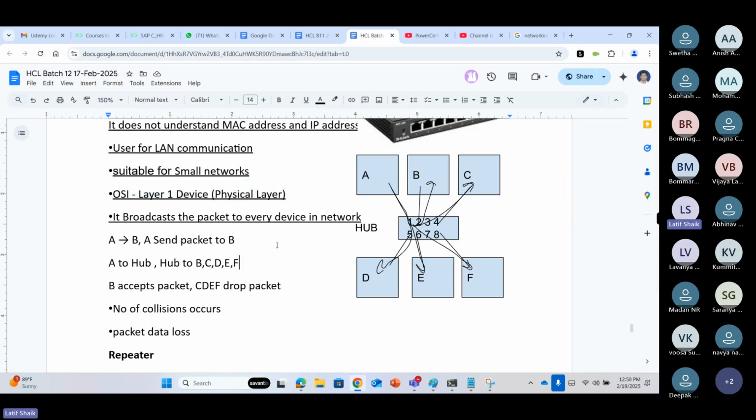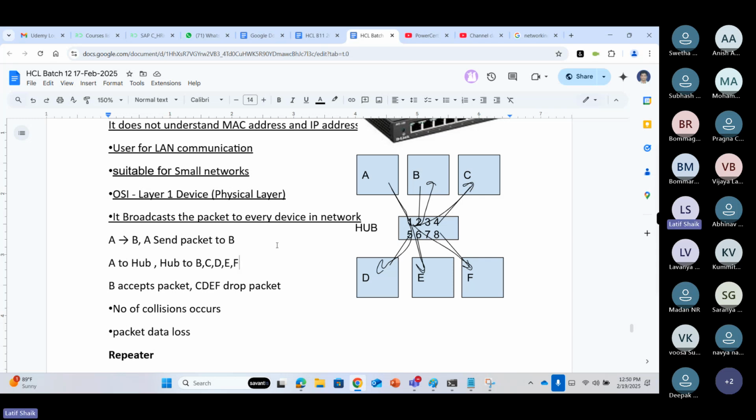Why? Because with more devices, for example, C is receiving packets from A as well as B. Both packets do not belong to C. In A to B communication, the packet belongs to B, but C also gets the same packet.